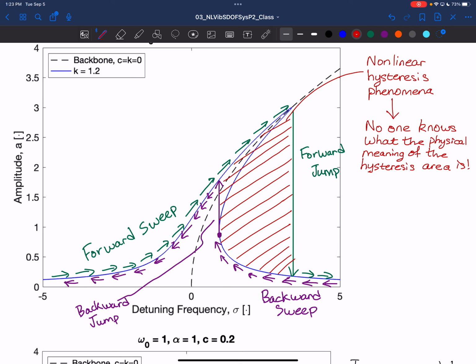Is this only true for nonlinear, cubic nonlinearities? Yeah, that's a good question. So this kind of curvature does happen with other systems, but you have to study those. It's not a good idea to make generalized statements, but this is what you'll typically see with these.